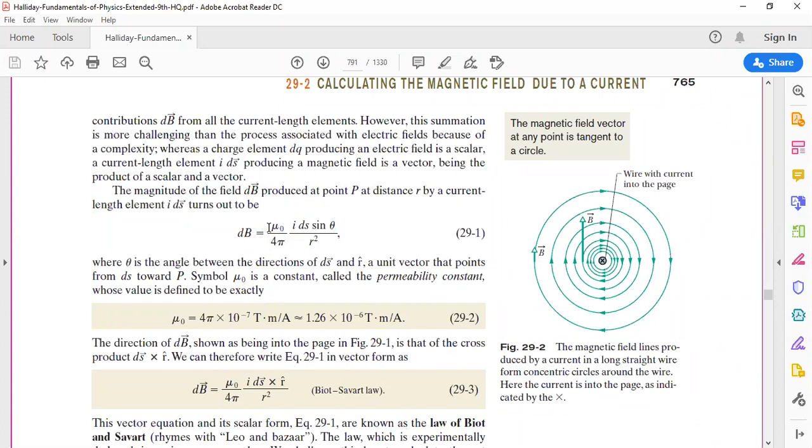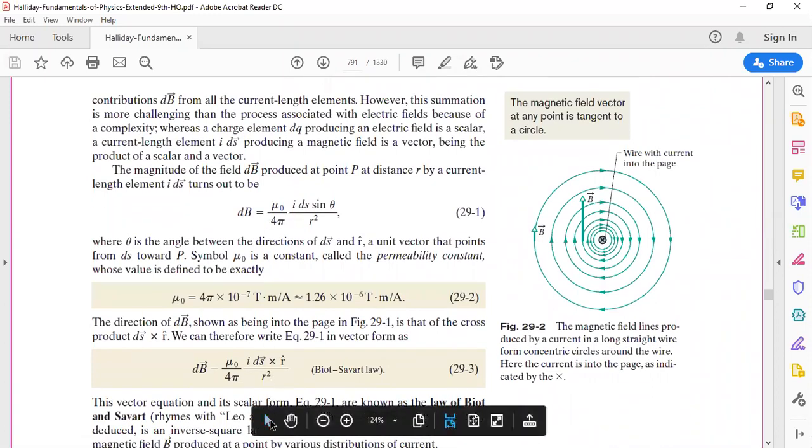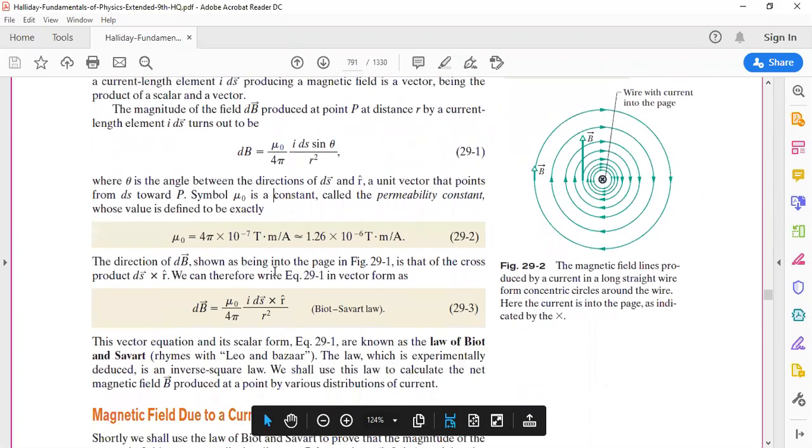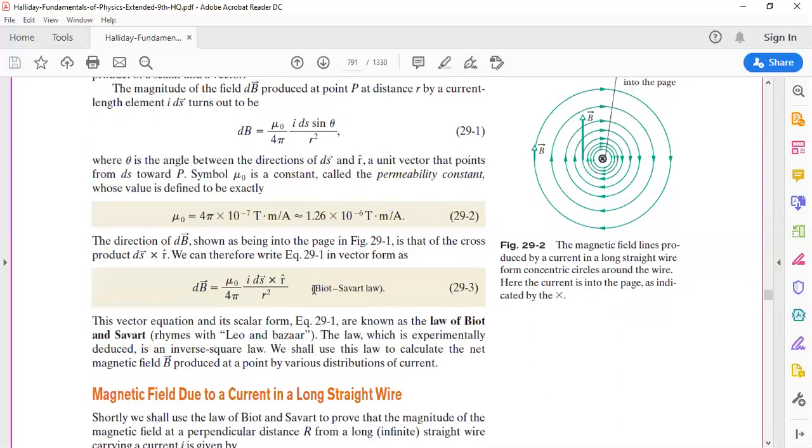Insulation, if you are using an insulation, then the type of insulation used to cover the wire is also important, so that you can find the magnetic field strength due to some current in the wire. This equation is known as the Biot-Savart law.